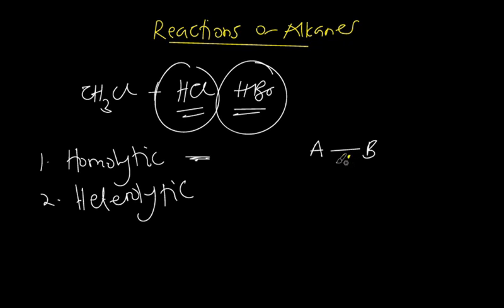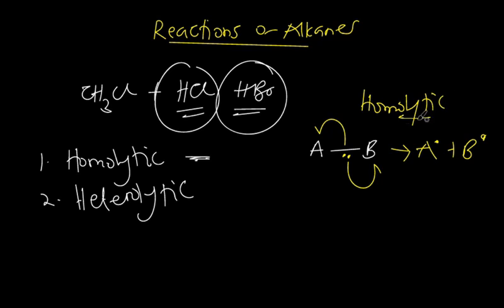So when this bond breaks, one electron will be given to this atom, and the second one will be given to the other atom. So at the end, we'll be forming what? Radicals, free radicals. This is a typical example of a homolytic cleavage.